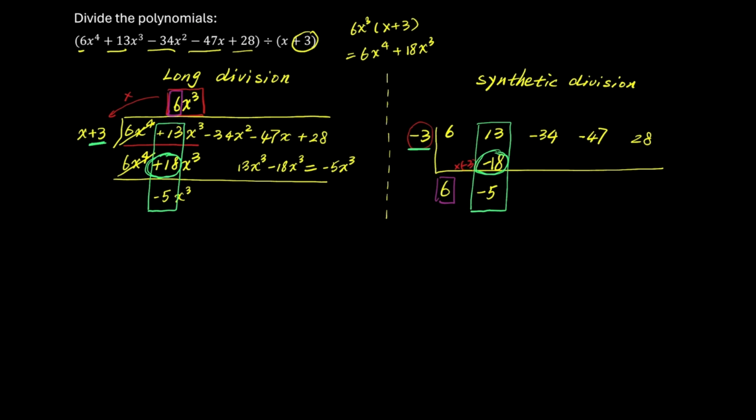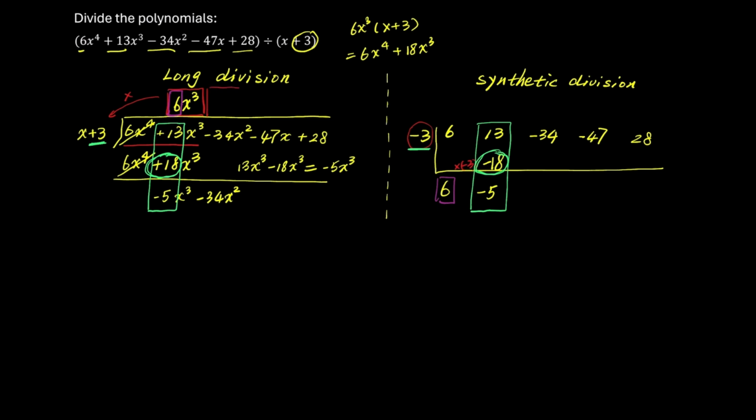All right, now let's jump back to the long division. Our current remainder is the x cubed term. Now we bring down the next term from the dividend, which is negative 34x squared.